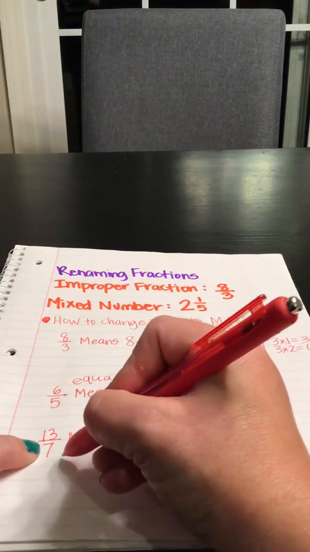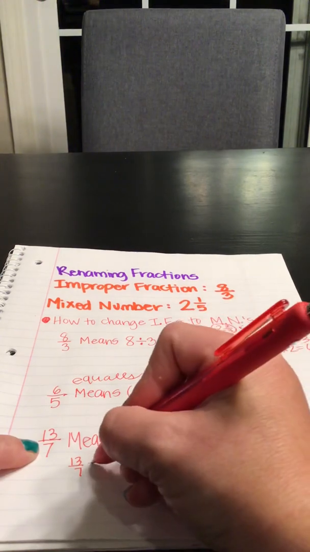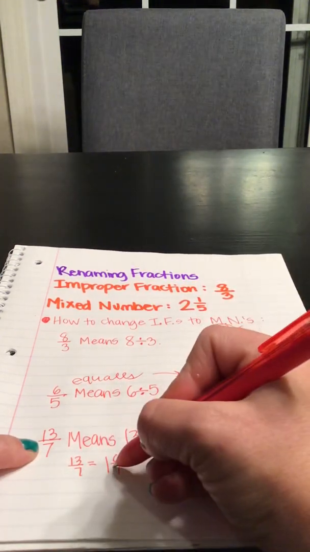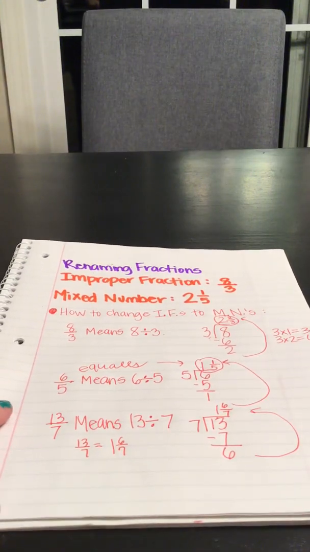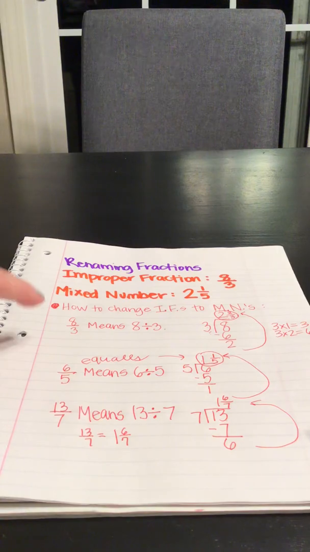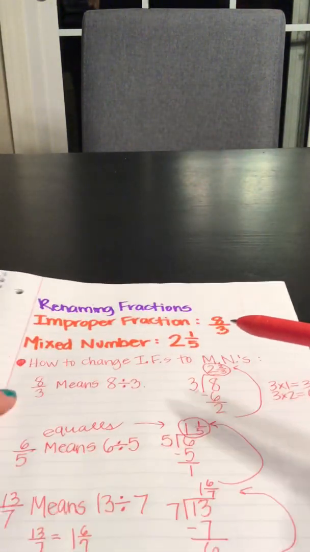So that means 13 sevenths equals 1 6 sevenths. I'm going to show you a picture here, right? Sevenths is kind of tricky to draw, so I'm not going to do a picture of that one. I'm going to do a picture of 8/3, right?